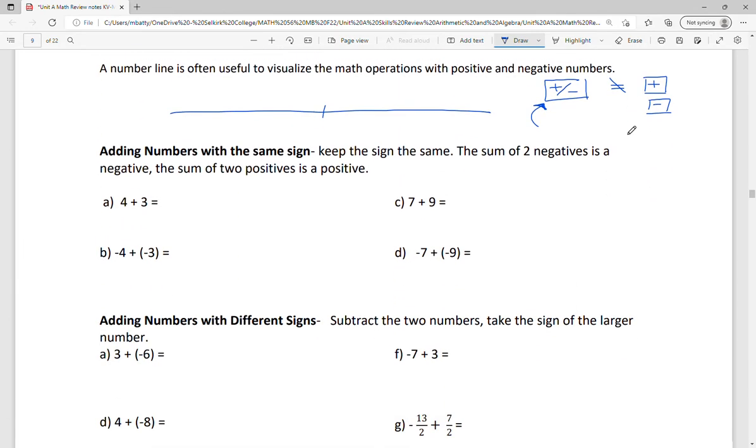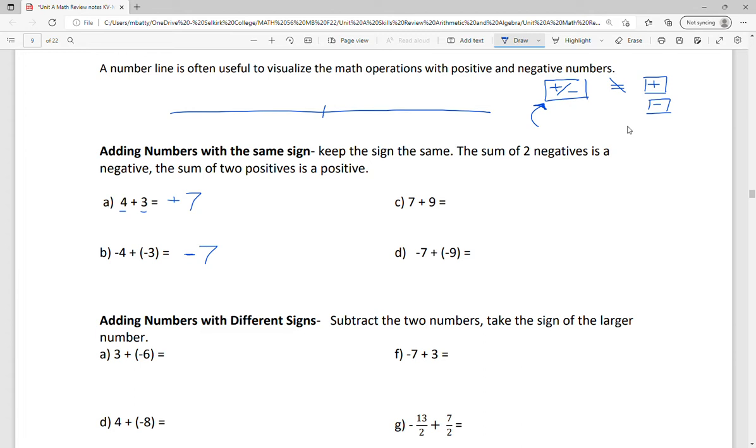So a lot of these, like I have done in the past, we start with simple examples. So if I have two numbers I'm adding together and they have the same sign, I would just add them together and keep that sign. 4 and 3 is 7. Positive 4 and positive 3 is positive 7, right? We know that. Now, if they have the same signs, what we do is add them together and they keep that sign.